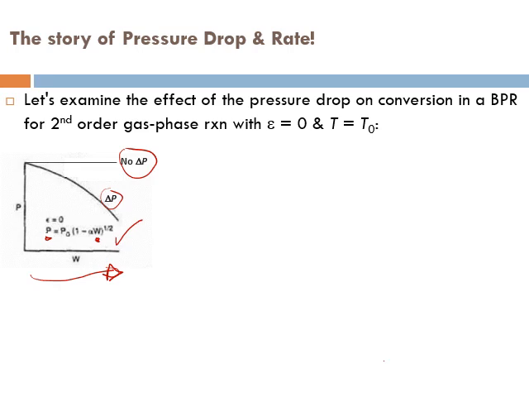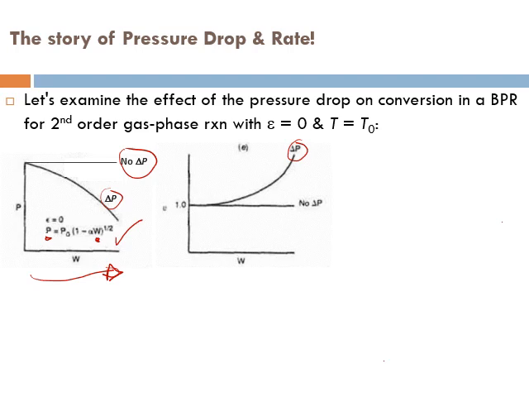What does that have to do with the volumetric flow rate? How does that affect the volumetric flow rate? Obviously, when you have pressure drop, the volumetric flow rate increases as you go down the length of the reactor, because as pressure decreases, the molecules become farther from each other more and more.